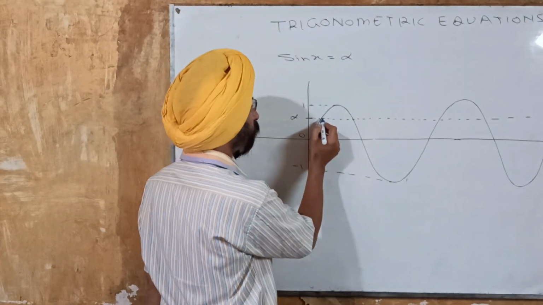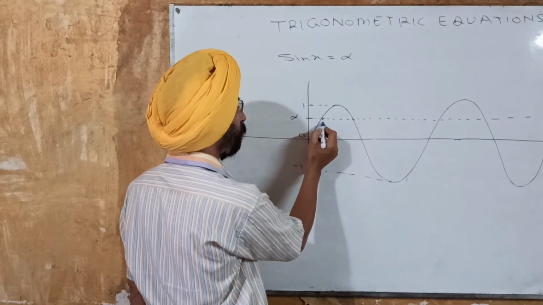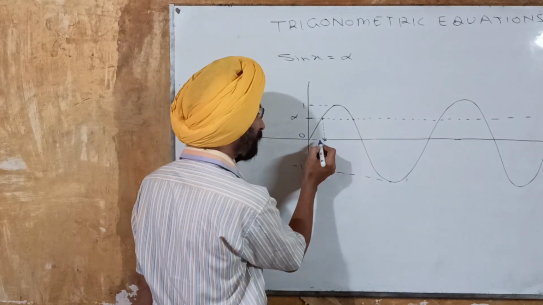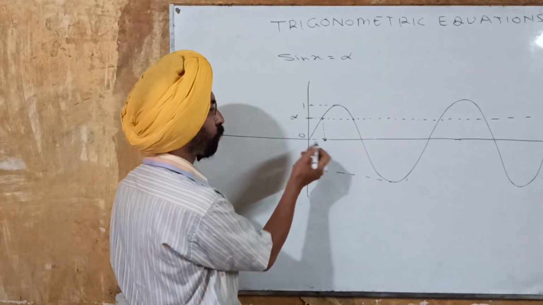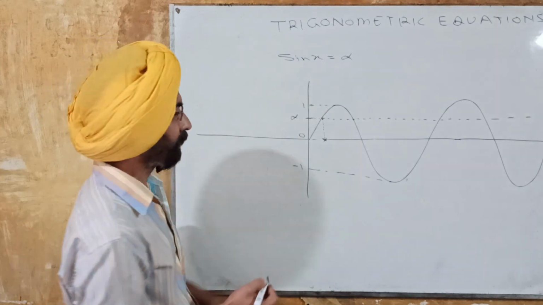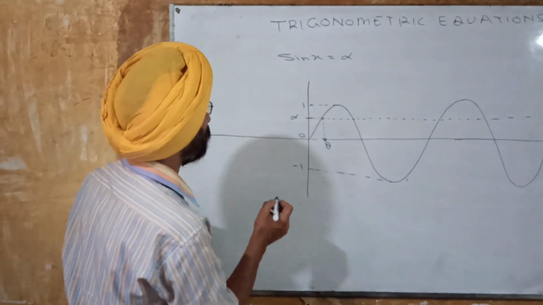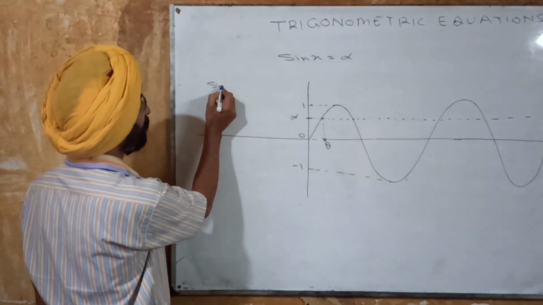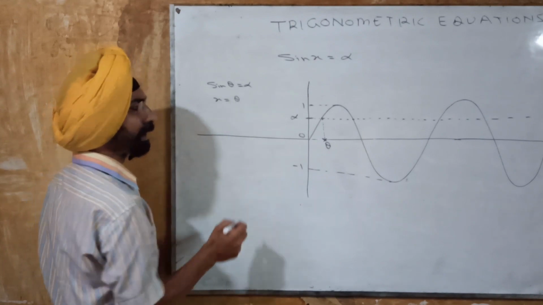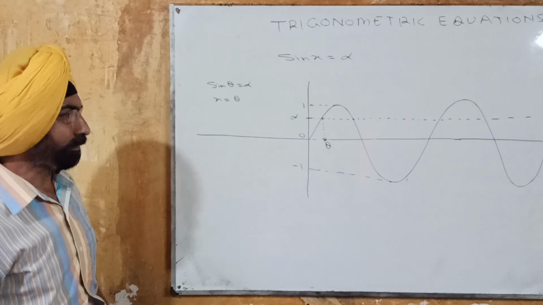So the first time it cuts here, draw a perpendicular from this point to the x-axis, and here you will get some angle whose sine will be alpha. Suppose this angle is theta. That means sin theta is equal to alpha. That means x is equal to theta is the particular solution. This is your particular solution.